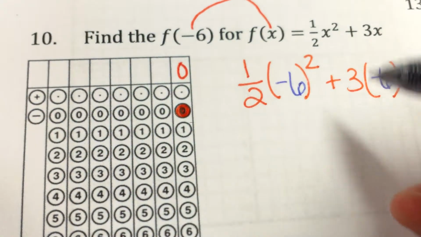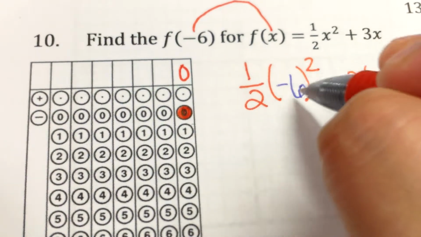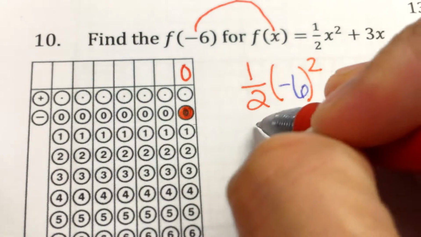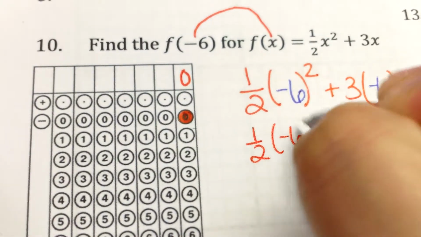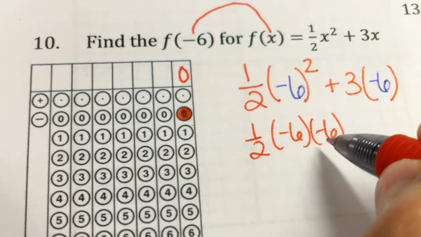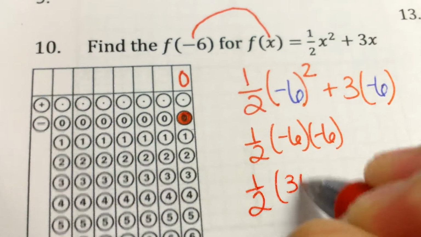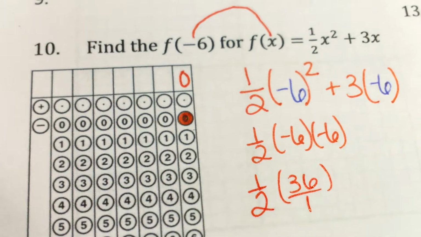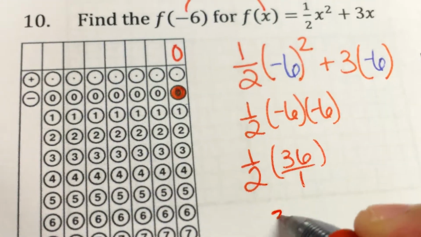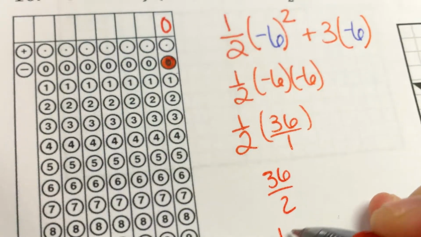If I wanted to do this by hand, you can. Negative 6 squared means negative 6 times negative 6, which is positive 36. So I have 1/2 times 36. If I want to put this over 1, you can. Then 36 divided by 2 is 18.